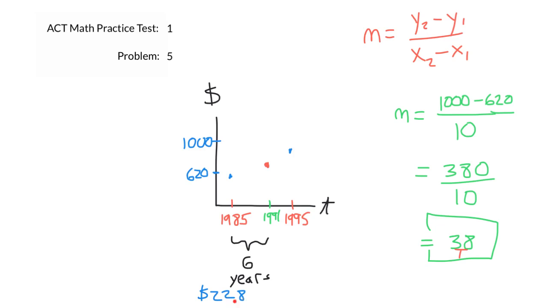So what is $228 on top of the cost that we already had in 1985? Well, the cost we had in 1985 was $620. So when you add $228 to that, it is $848. And that is answer choice B.